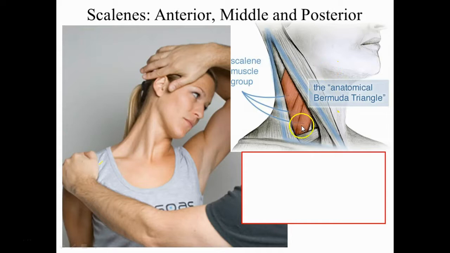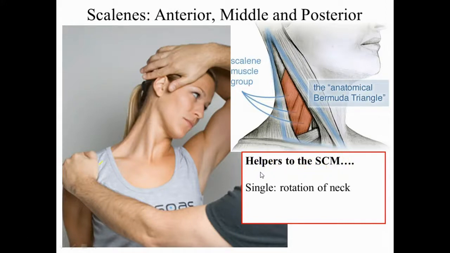So that's why it's of anatomical importance. A lot of issues originate from this area here, which is why they sort of call it the Bermuda Triangle. If you know the history of the Bermuda Triangle, you know there's a lot of issues there.